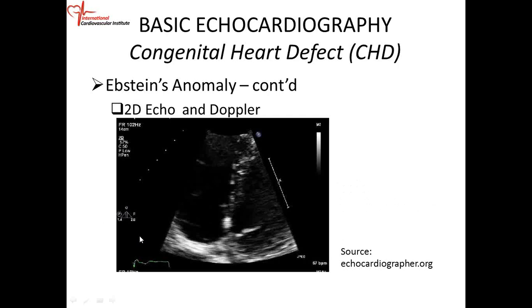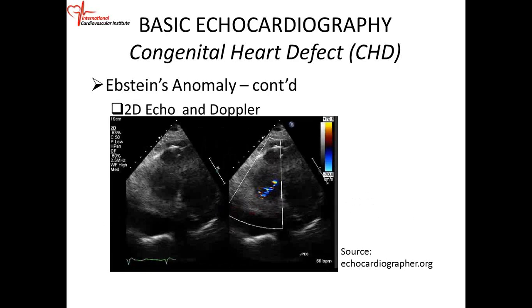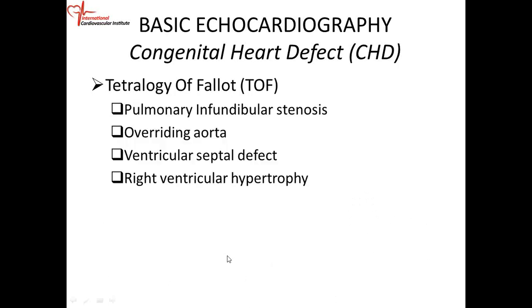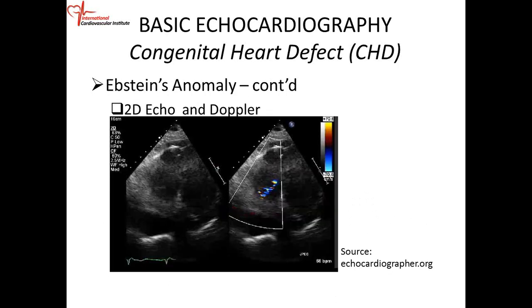So: small RV, huge right atrium, Wolff-Parkinson-White syndrome. It's classic. If you go on any of the websites, you'll see that. All right, we're going to stop here.